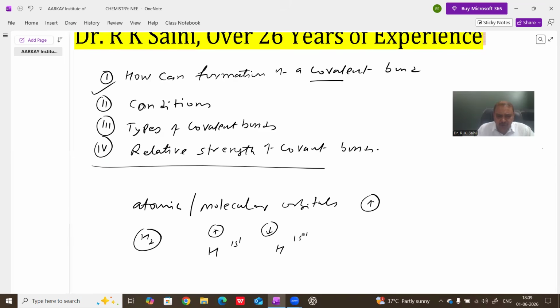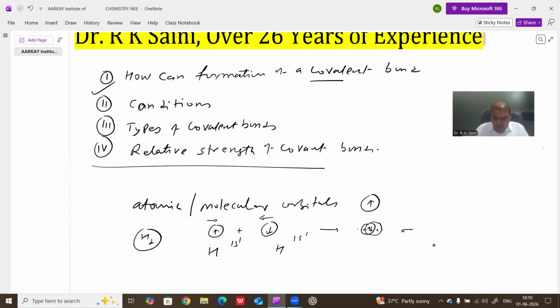The atomic orbitals which contain unpaired electron approach each other in proper orientation and electrons must have opposite spin, by which their lobes, for example in s orbital, overlap to each other, in which maximum electron density accumulates between the nuclei of bonded atoms along the axis. Then it is known as sigma bond.